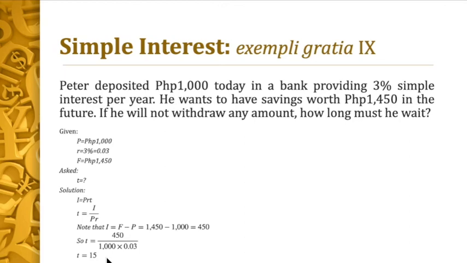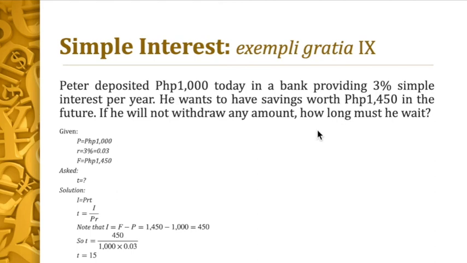Just take note, it might seem small. Why is it so long, sir, that you need to wait 15 years? Sorry, I think I said minutes. I'm sorry, that should be 15 years. So you should wait for 15 long years to gain 450 pesos, providing this bank's 3% interest per year.